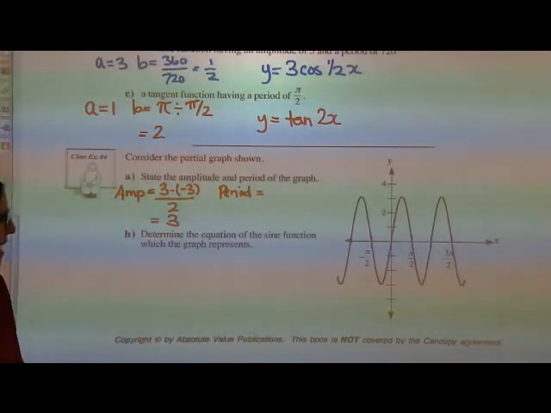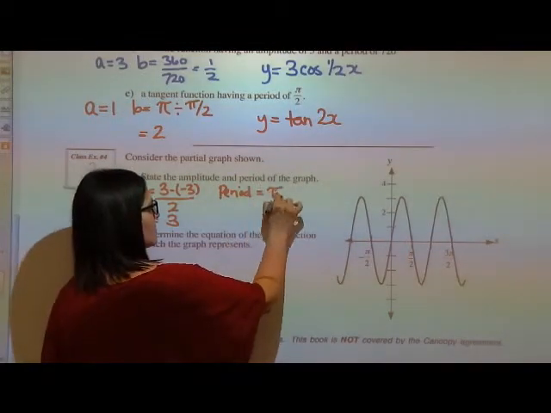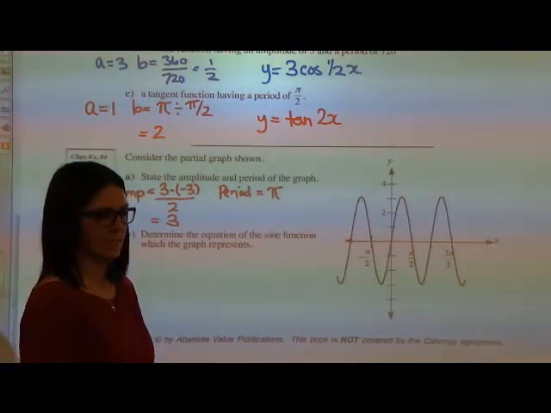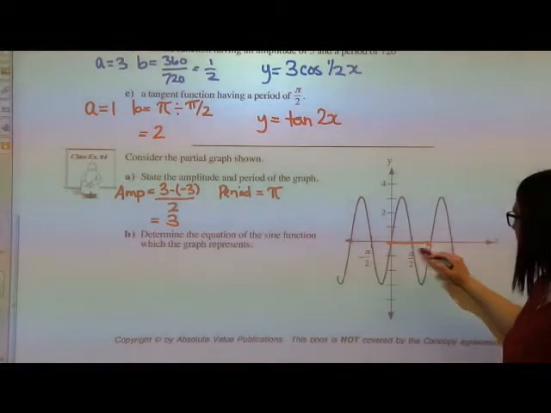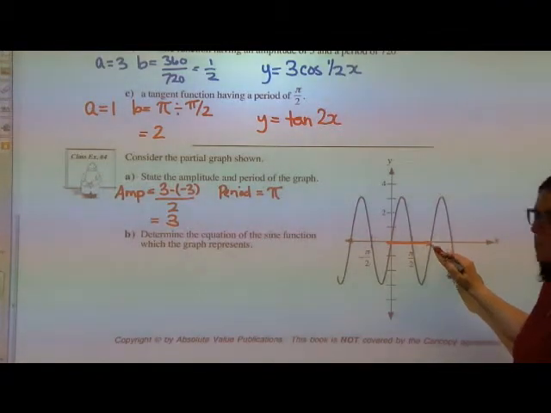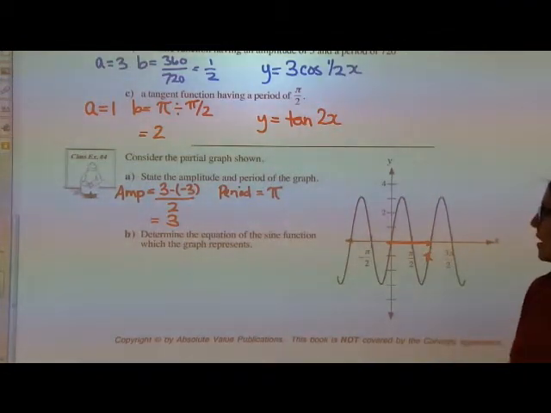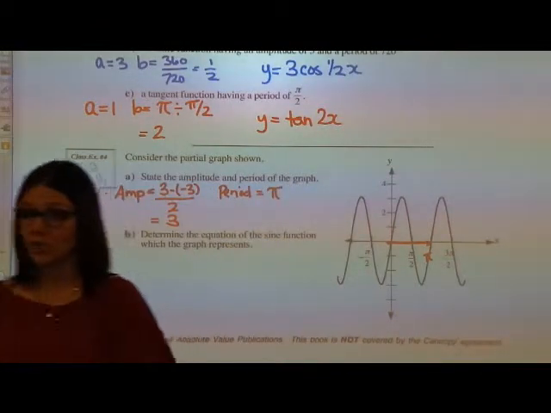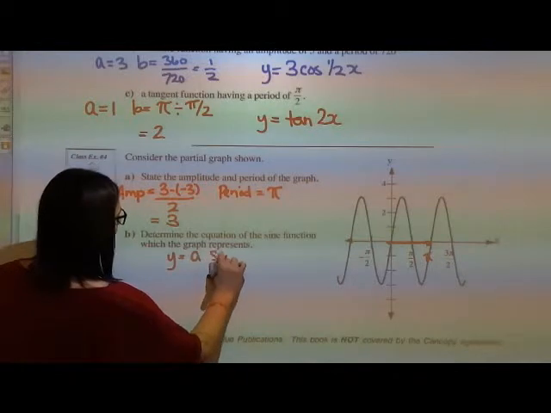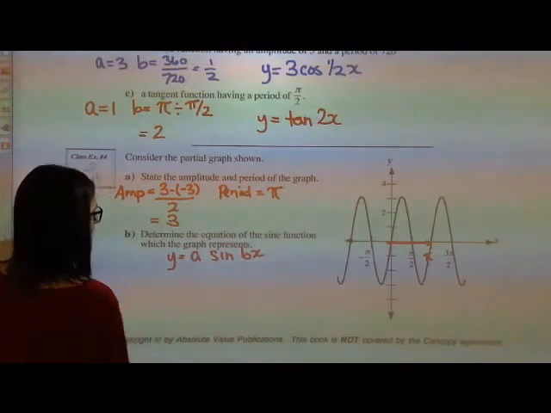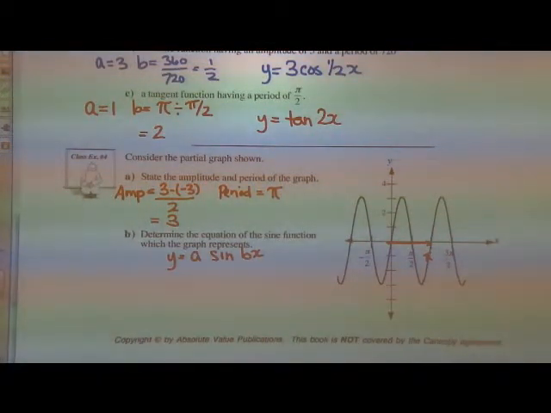What's the period of this graph? How'd you get pi, Hannah? Okay, it's going from 0 to pi. Each tick mark is a pi over 2, so then I'd have 2 pi over 2, which is pi. So if this is a sine function, y equals a sine bx, what's the value of a? 3.